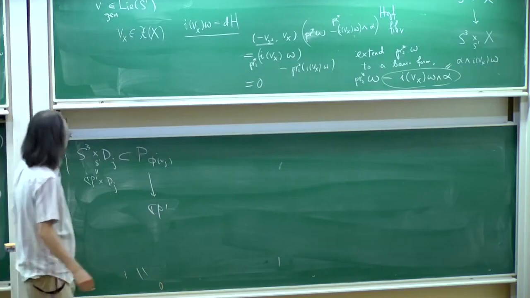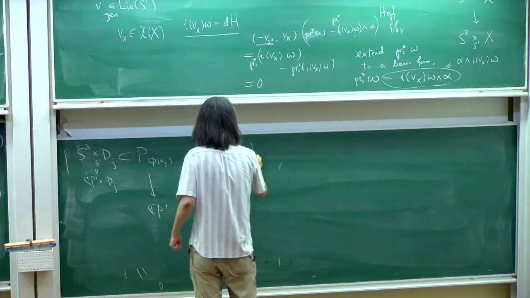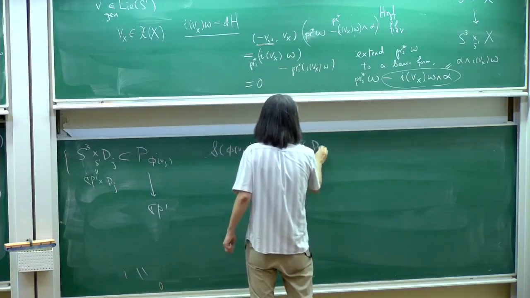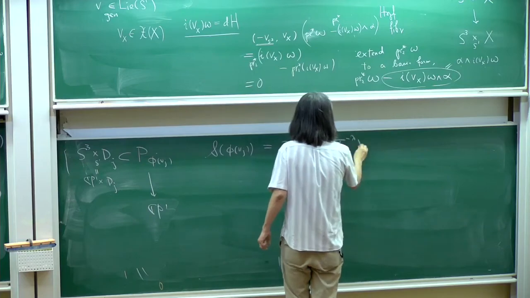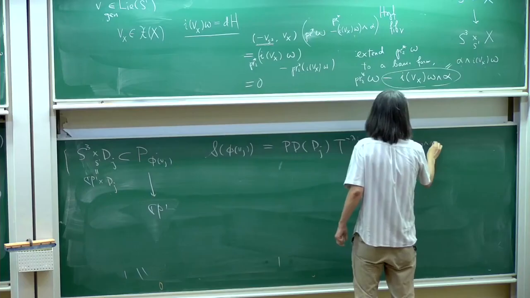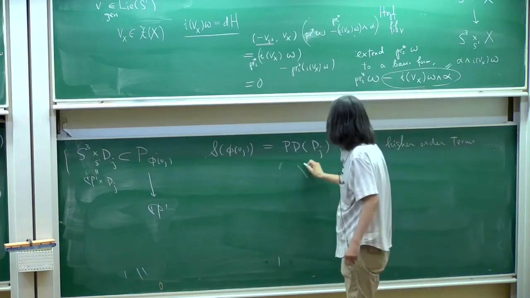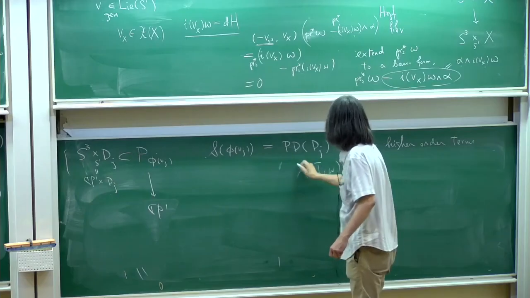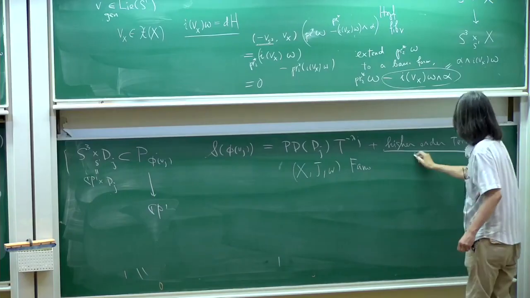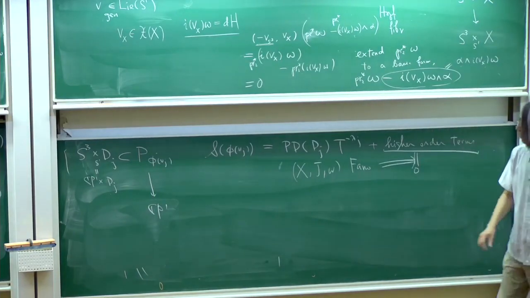So the Seidel element of this is equal to this Poincare dual of this dj, t to the minus lambda j, and higher order terms. And if xj omega is Fano, then they also show that this one is equal to 0. So only this term.